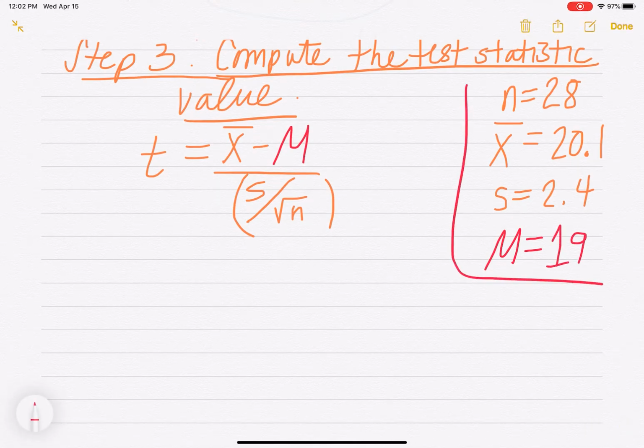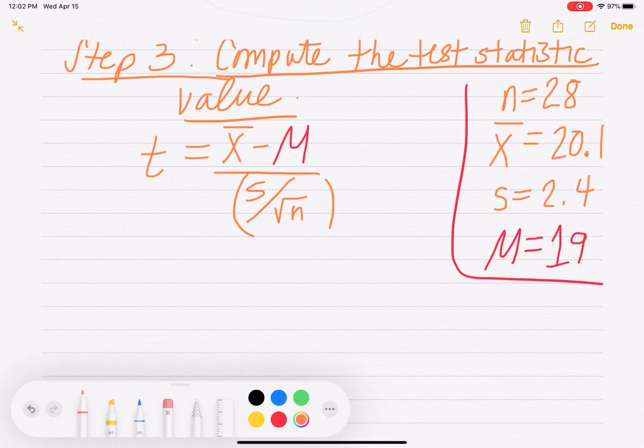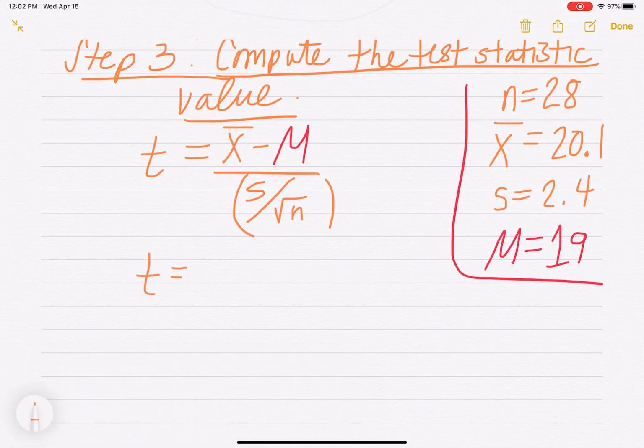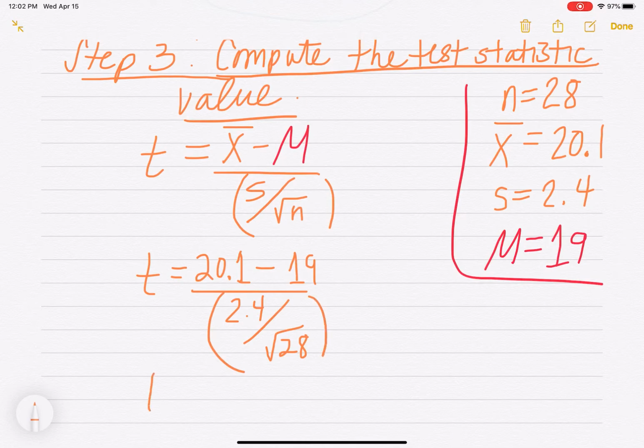So we plug these numbers in and calculate the t test statistic value. It's going to be 20.1 minus 19, divided by 2.4 over square root of 28. So you calculate this: 20.1 minus 19 is going to be 1.1, and divide this by 2.4 over the square root of 28.